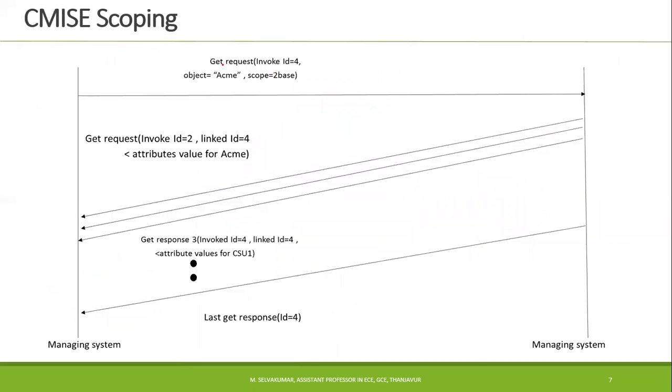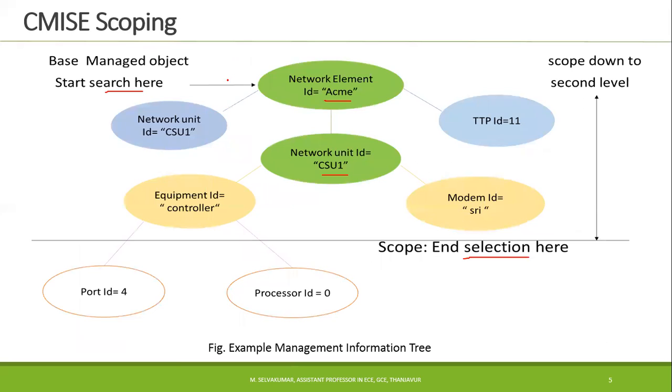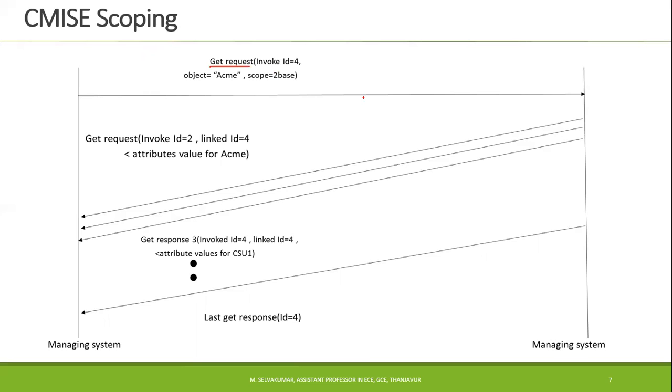Here is the example, using the service get request with invoke ID equal to 4, and the object is ACME, the network element object. Scope equal to 2 base.